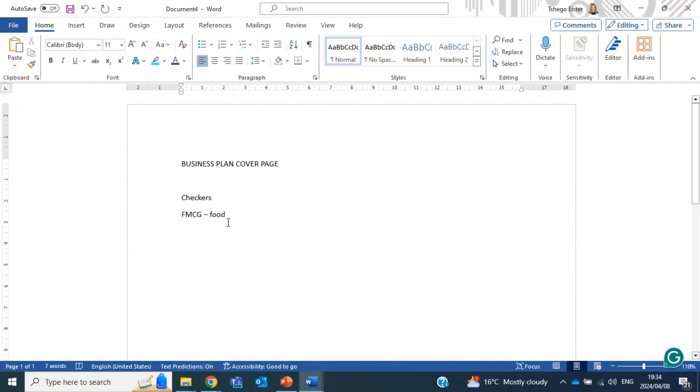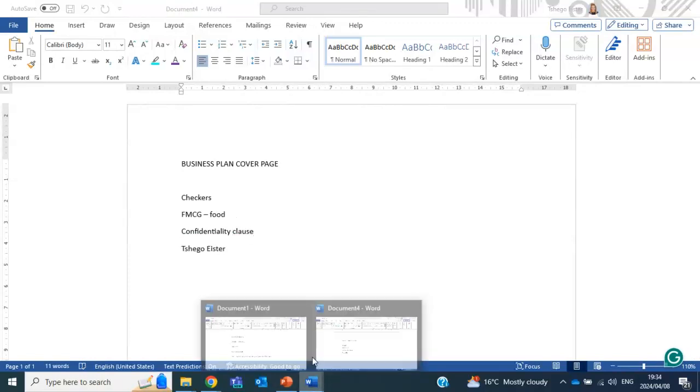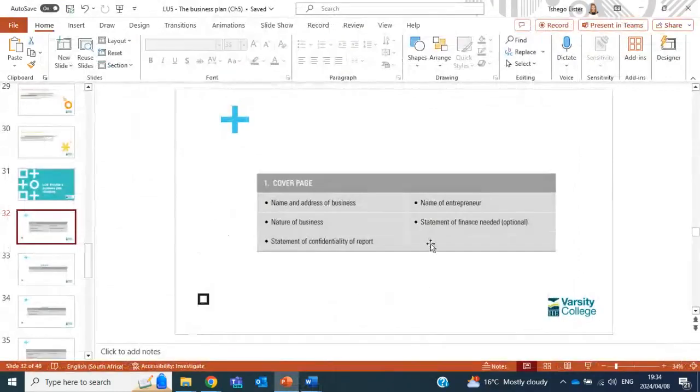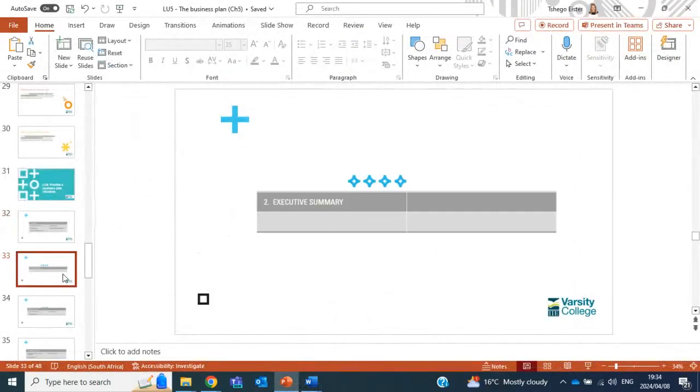And the name of us as the entrepreneur, maybe if I was the person who owns Checkers, and then actually this one is the confidentiality clause, and then the name of myself as the entrepreneur. Obviously, I'm putting it in a rough way. You will not do this. You'll make this look proper. And then, so that's the cover page.